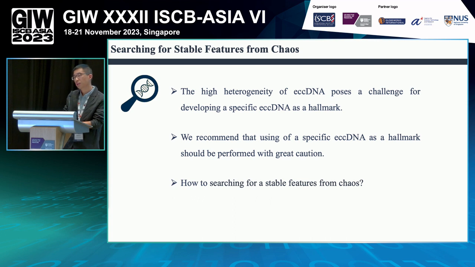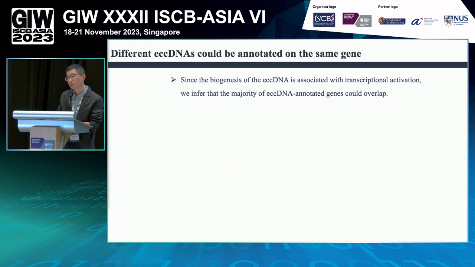So we suggest that using a specific eccDNA as a hallmark should be performed with great caution. Searching for a stable feature of eccDNA will be the focus of our studies.